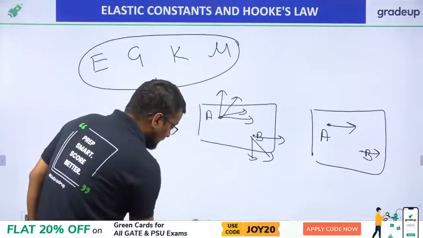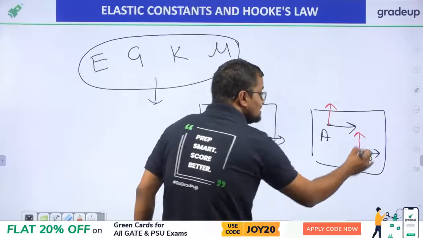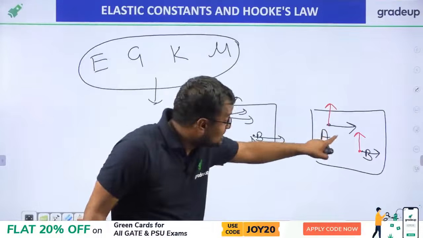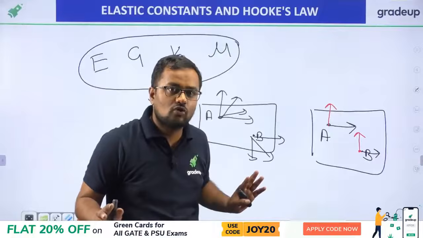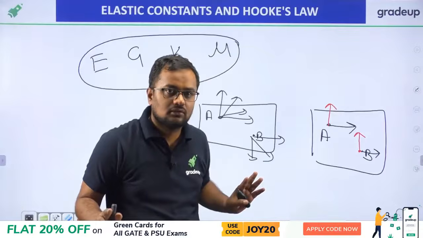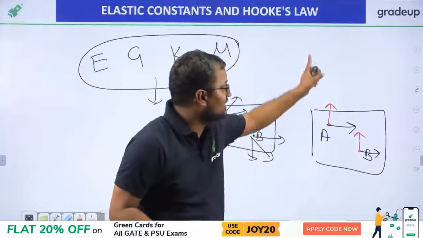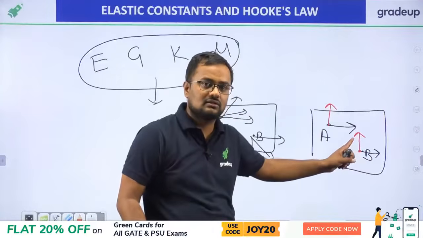Similarly, if A's property in the Y direction and B's property in the Y direction is the same, then it is homogeneous. A's property in the X direction and A's property in the Y direction might be different if I am considering homogeneous. But if A's property in X and B's property in X are the same, and A's property in Y and B's property in Y are the same, then it is homogeneous.